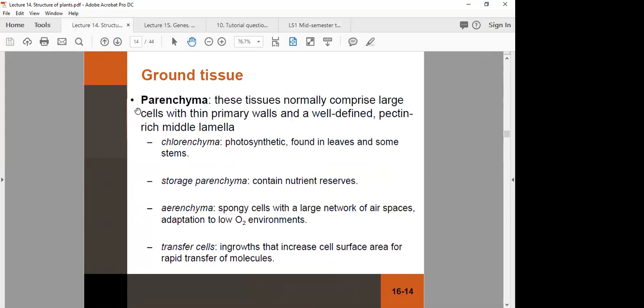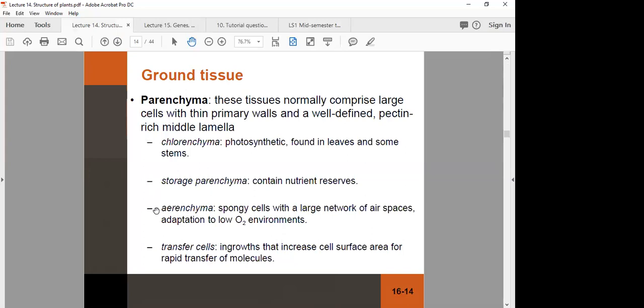All right, so parenchyma, we've just seen some examples of parenchyma cells. Parenchyma tissues normally comprise large cells with thin primary cell walls and a well-defined pectin-rich middle lamella. Here are some different types of parenchyma cells. We just looked at storage parenchyma, which specialise in storage of nutrient reserves.